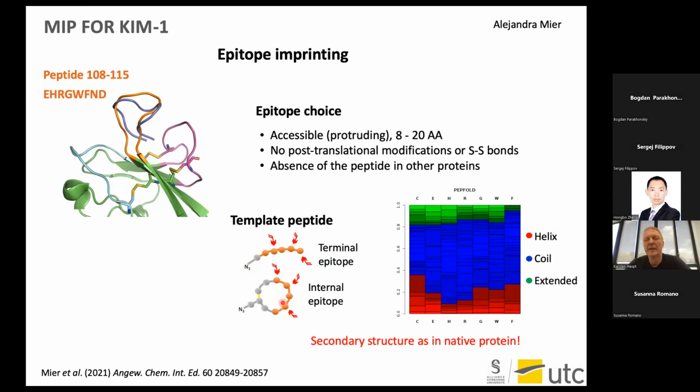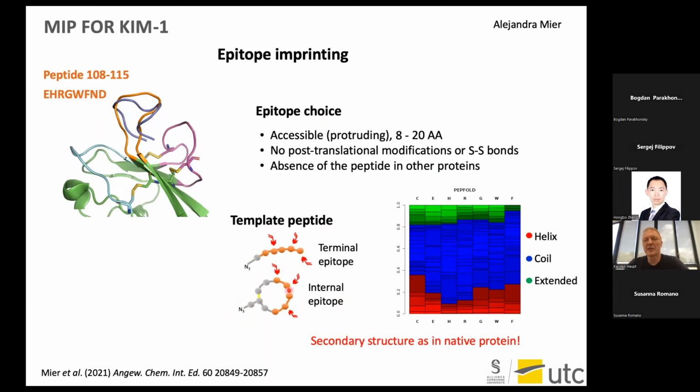And therefore, normally we will choose a cyclic peptide in order to present it in the right orientation. So we will take these amino acids and then cyclize them, for example, by forming a disulfide bridge. And in addition to this, in both cases, we have to add a coupling group, and I will explain to you why. Why do we need a coupling group? Because we will synthesize our MIP in a solid phase synthesis approach, which you will see in the next slide.